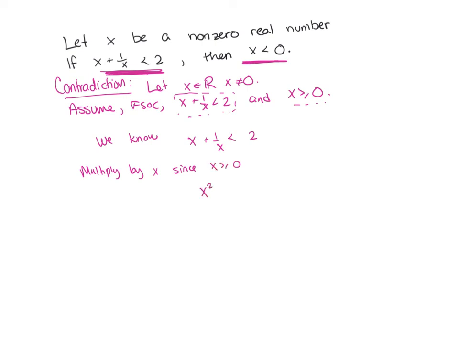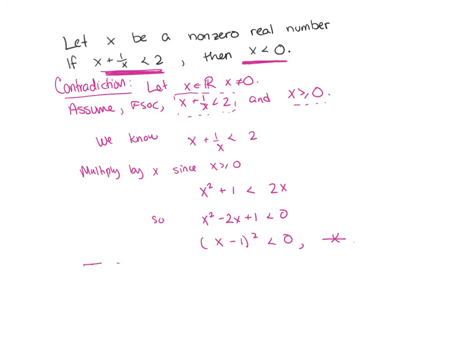So I get x squared plus 1 is less than 2x. So x squared minus 2x plus 1 is less than 0. Same basic steps that we had before. I get this square being less than 0. That's a contradiction.